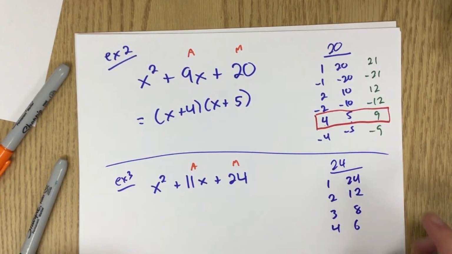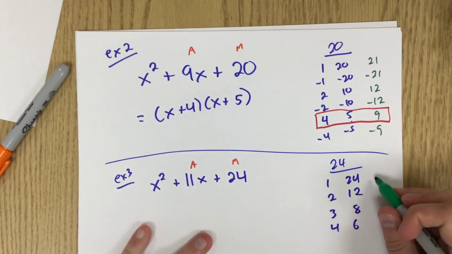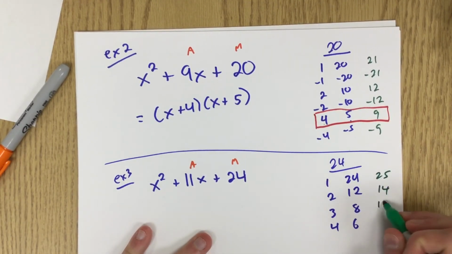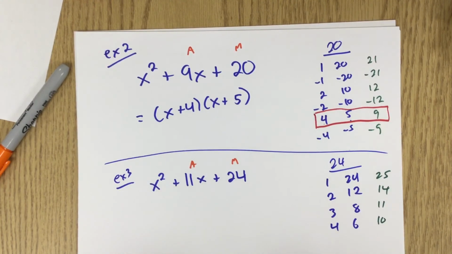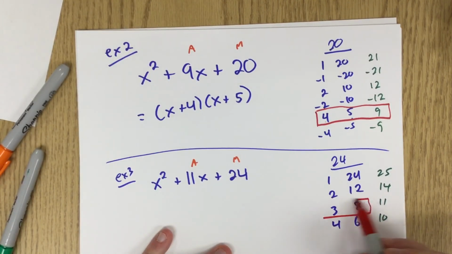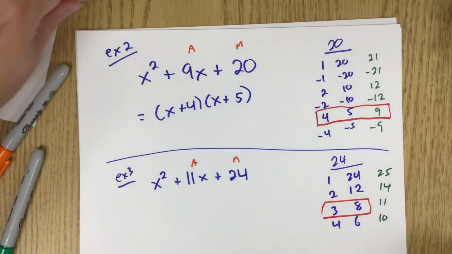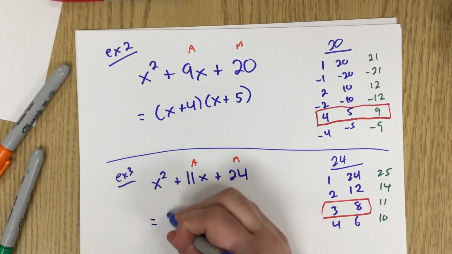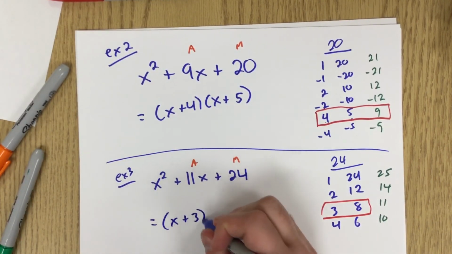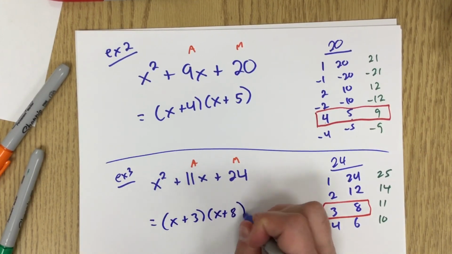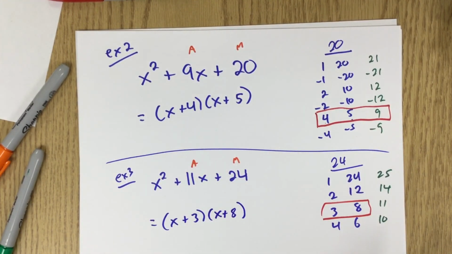We're done. So these guys add up to 25, 14, 11, and 10. So that's the one that works. And this is going to be equal to x plus 3, x plus 8. There we go.